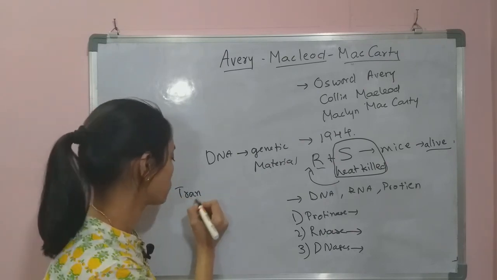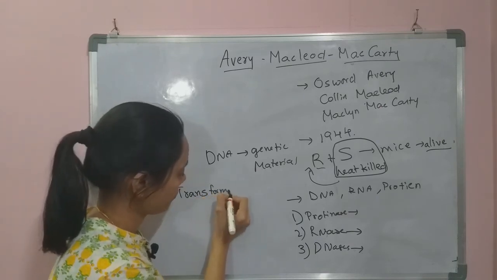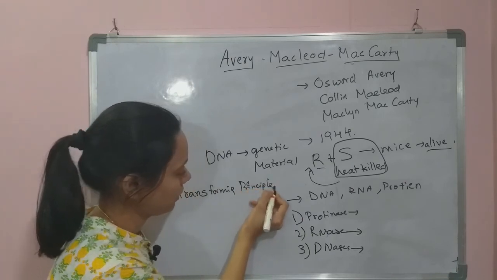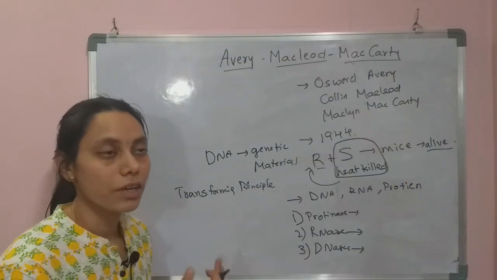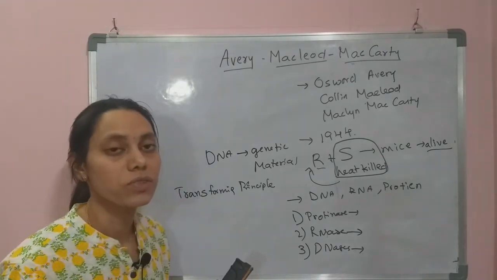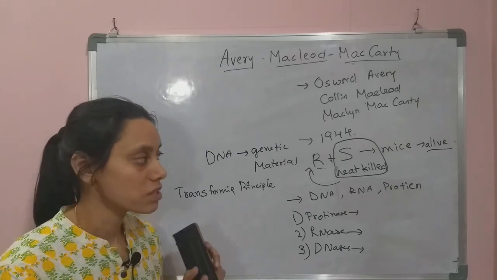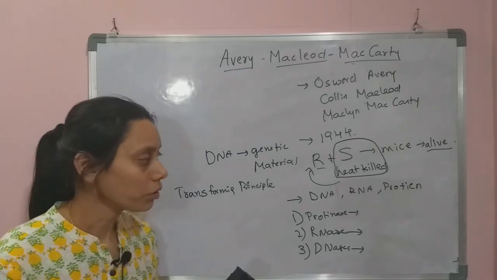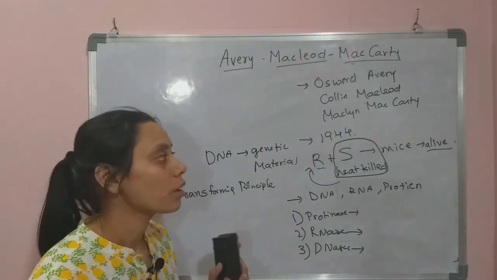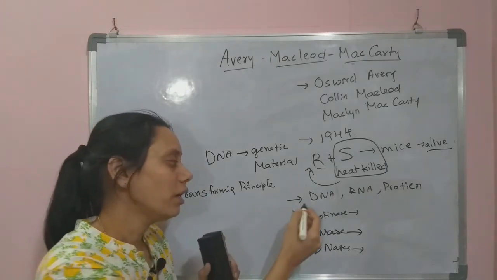They managed to isolate the transforming principle and studied its nature, that is, the number of nitrogens, phosphorus and all the chemical structures present in it. The number of atoms present in this transforming principle is similar to the number of nitrogens and chemical compounds present in DNA.